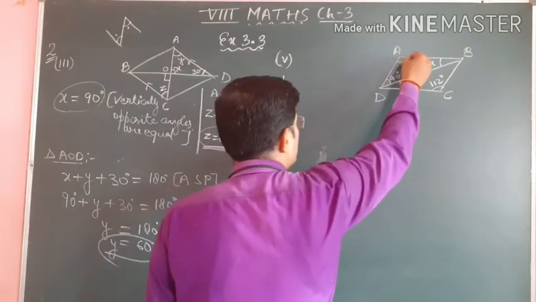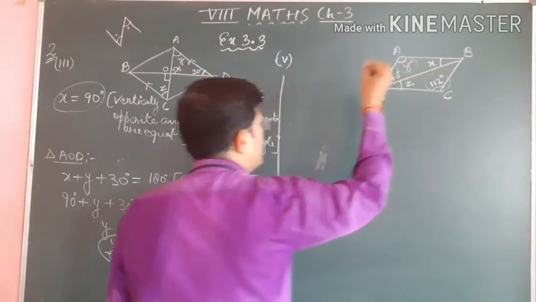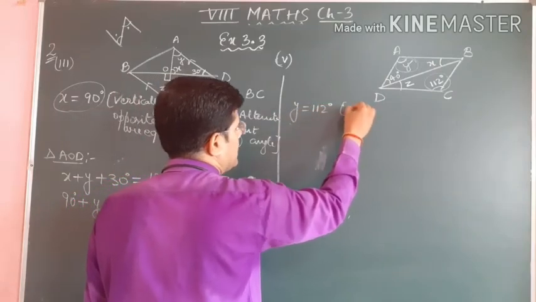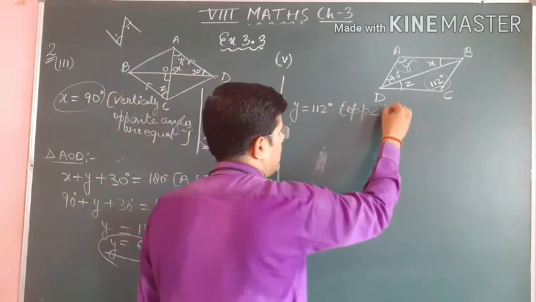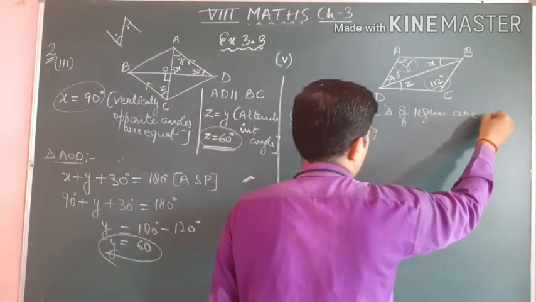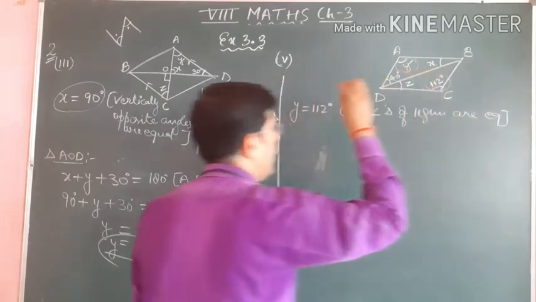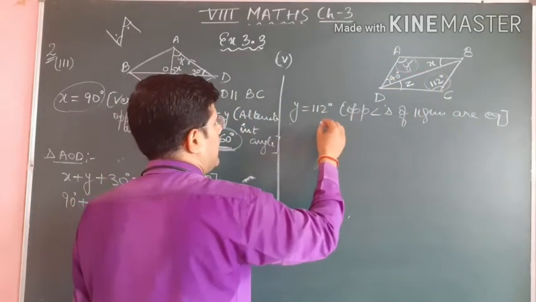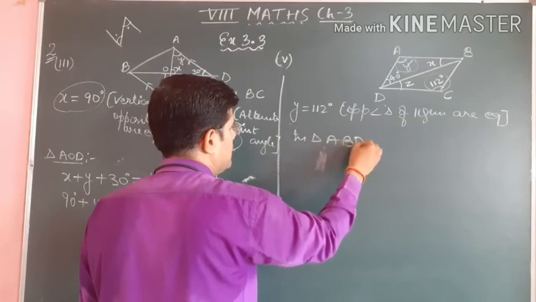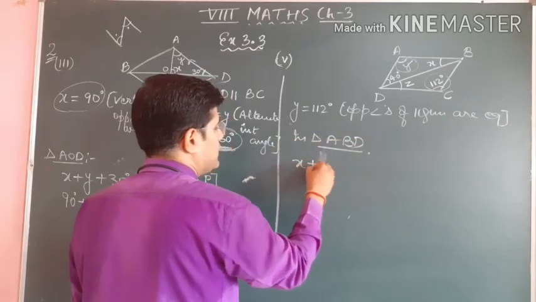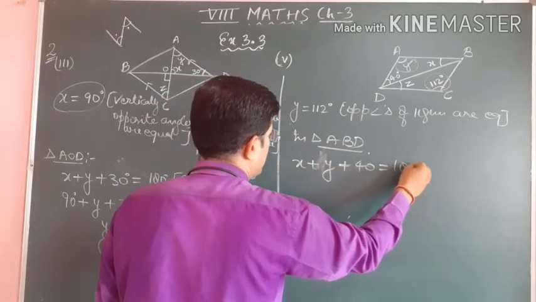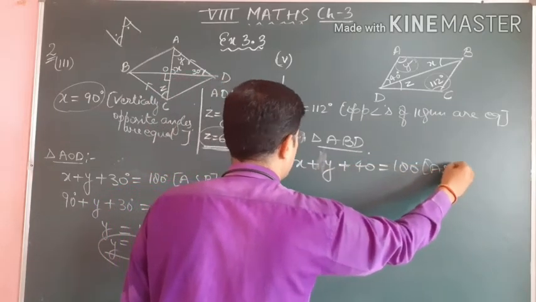Now the fifth part. Here also we have to find x, y and z. Firstly, y equals 112, because opposite angles of a parallelogram are equal. After that, in triangle ABD, x plus y plus 40 equals 180, that is the angle sum property.